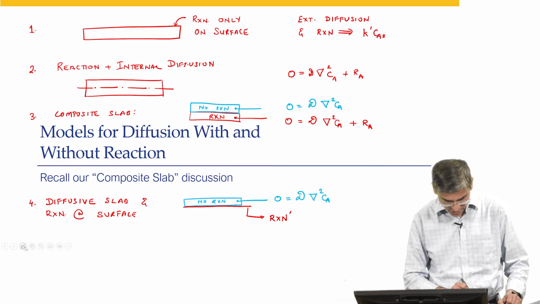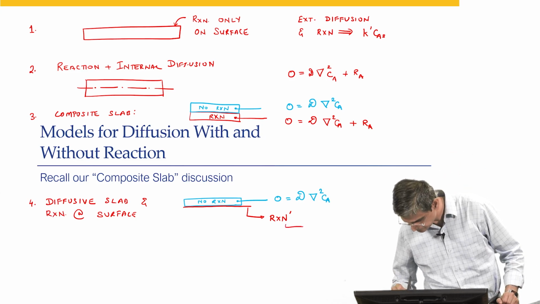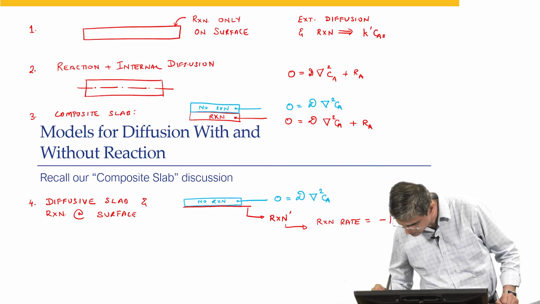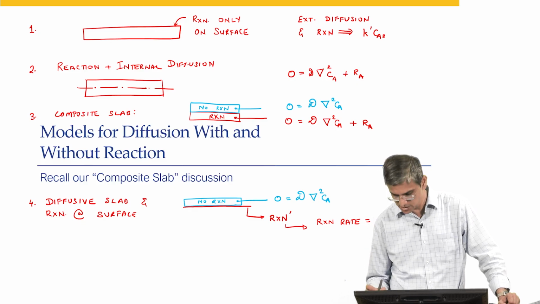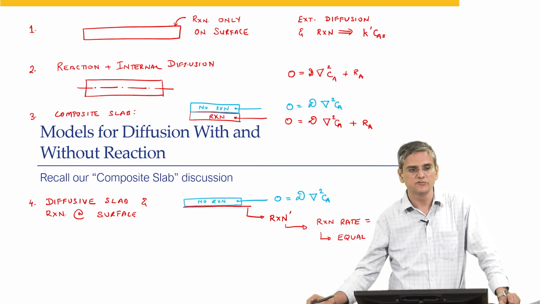And one of the boundary conditions, or what is happening on the surface, is minus k' C_AS, which will equal the diffusive flux.